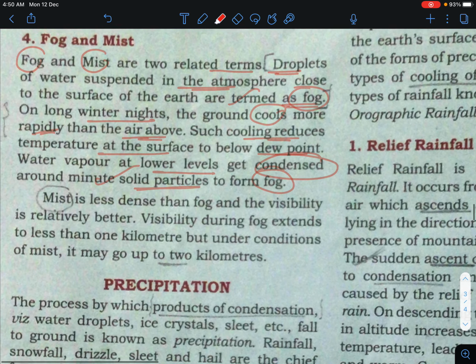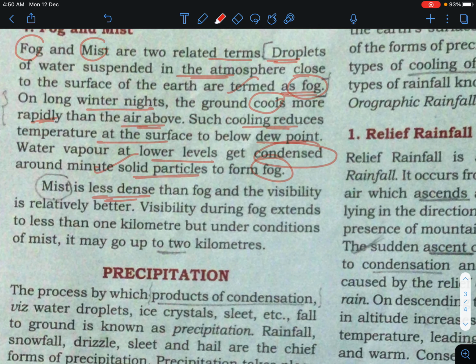What is called mist? Mist is less dense than fog, and the visibility is better. In case of fog the visibility is not good, but in case of mist the visibility is better. Visibility during fog extends less than 1 kilometer, but under conditions of mist it may go up to 2 kilometers.